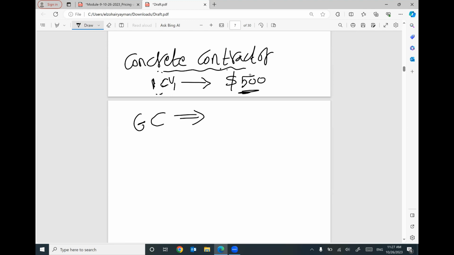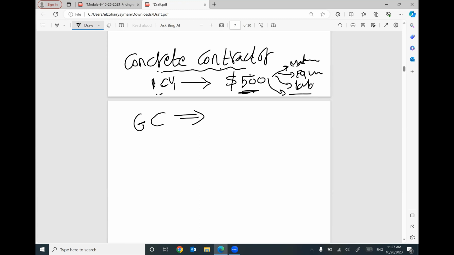This price includes material of the concrete, equipment to pour concrete, labor, formwork, everything. This price is a unit price including everything.